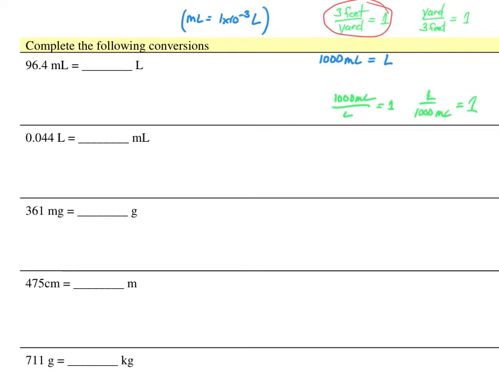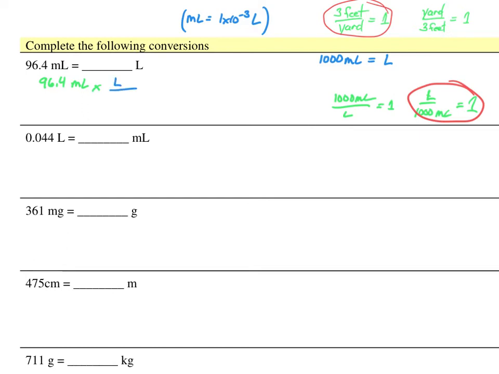Our initial number is 96.4 milliliters. Include the number with the unit so that we can choose our conversion factor. We know we need to cancel out units of milliliters, so we want to use the conversion factor that has milliliters in the denominator.